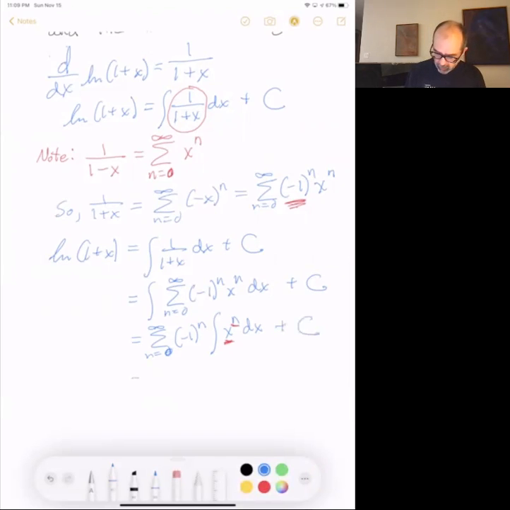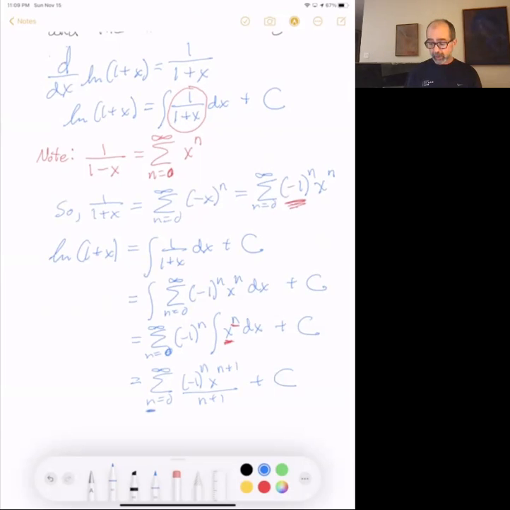So what happens with that? Kind of our standard thing. This is reverse power rule. We know it's x to the n plus 1 over n plus 1. Let's not forget our negative signs, and plus c, which is standard. So remember, with derivatives, we reduce the index by 1 each and every time.